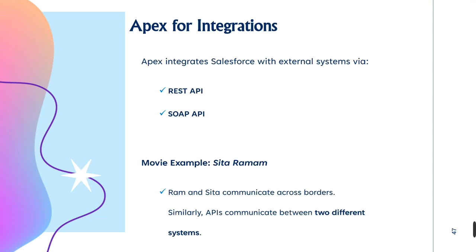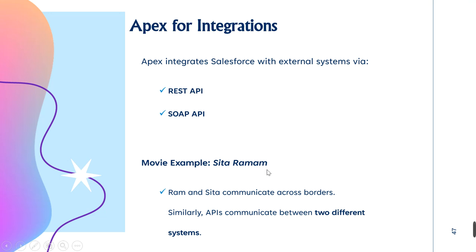And Apex is for the integrations. This is the next point. We have two integrations, REST API and SOAP API. As of now, most of the people, from what I know, are using REST APIs only. We'll talk about this in our upcoming sessions. As of now, we can understand what Apex is and the points we have discussed so far.